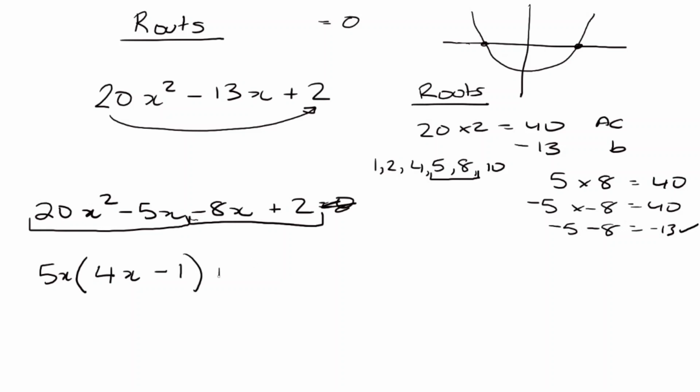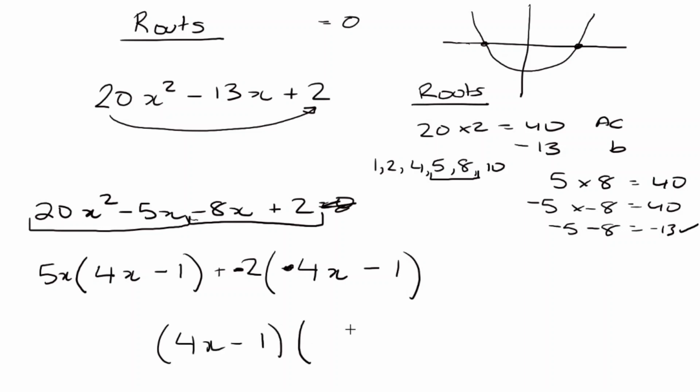And then we also have plus 2 over here, where the better answer would be to factorize out negative 2. So that will go into 4x minus 1. Now we have 4x minus 1 as a common factor. We have 4x minus 1 times 5x minus 2. Right, so those are our terms for how we've factorized them.